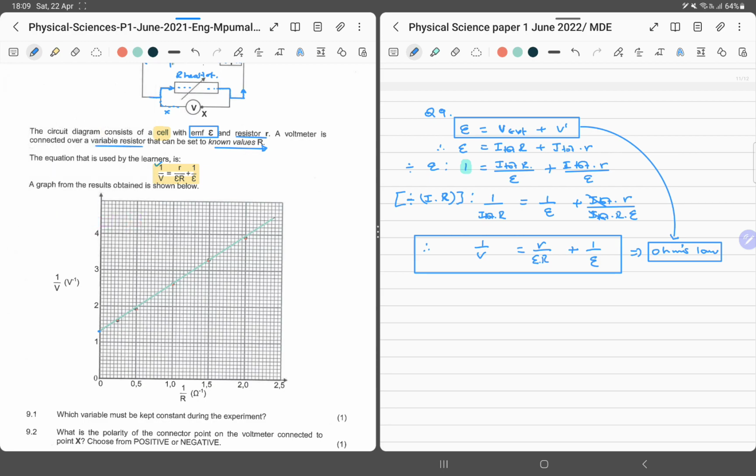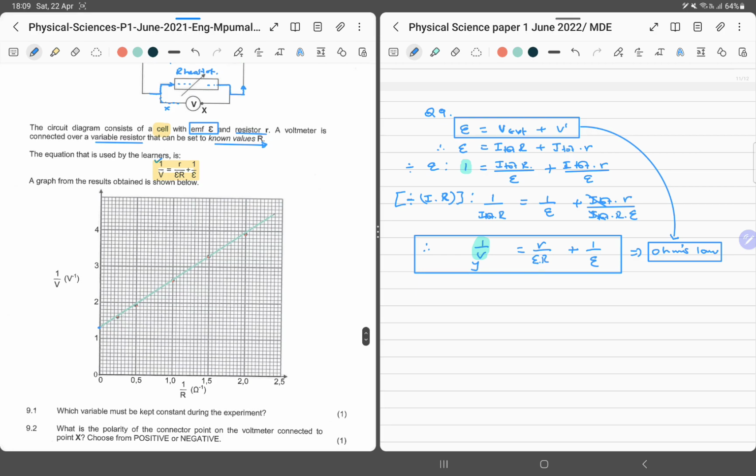Now, what do we know? Look, 1 over V here is put on the y-axis, right? As you can see there. And then we've got 1 over r put on the x-axis, okay?